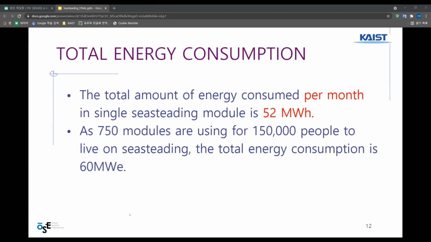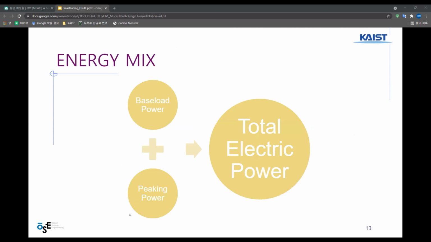We have 750 modules for our project. Thus, the total energy consumption is 6 megawatt electric. Then we need to consider how to produce this electric consumption, and the important thing is the energy mix.